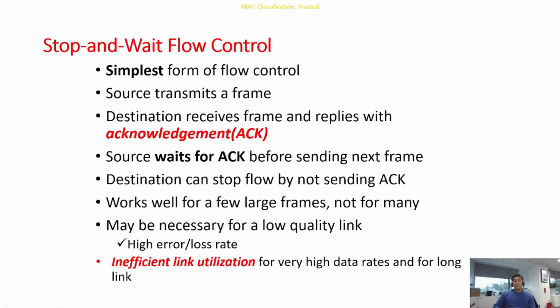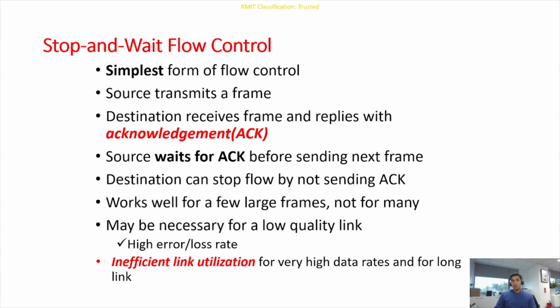Stop and wait flow control is the simplest form of flow control mechanism, where the source sends a frame, and then upon receiving the frame sent by the source, the destination sends an acknowledgement to the source indicating that it has received the frame.